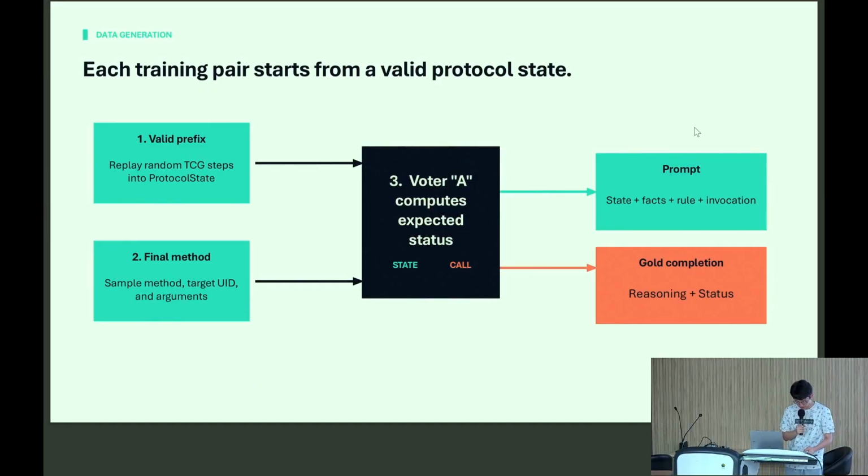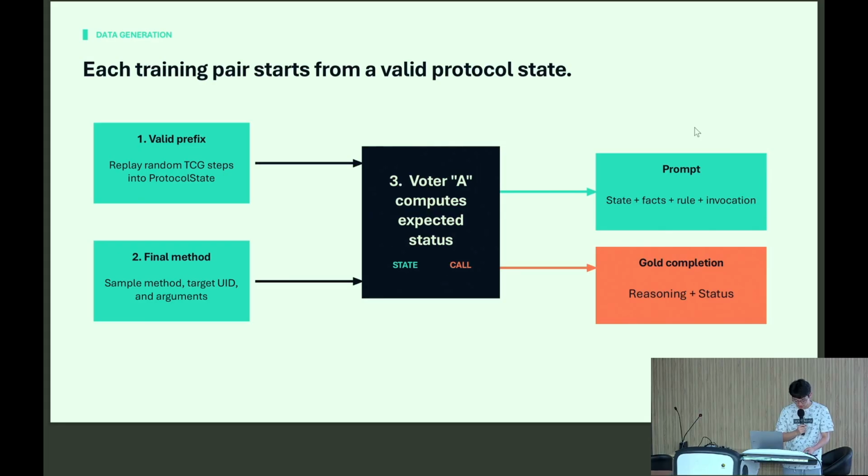This slide shows how we generated one training example for voter C. First, we create a random but valid sequence of TCG commands and replay it through the protocol state. This gives a consistent current state, such as the active session, authenticated authorities, credentials, locking ranges, and MBR state. Second, we sample one plausible final method, including its target UID and arguments.